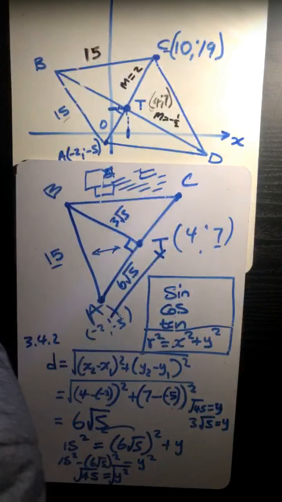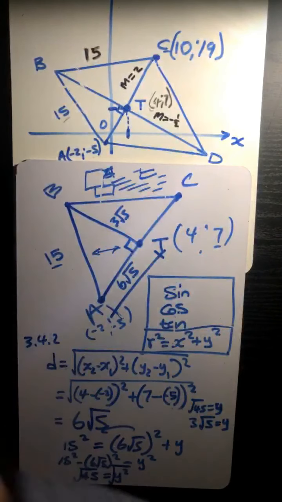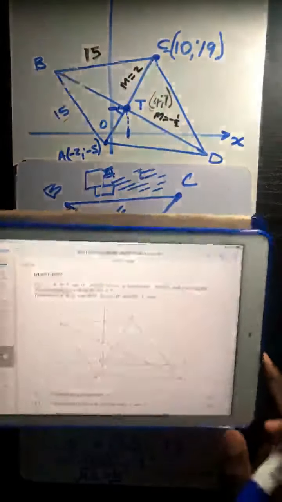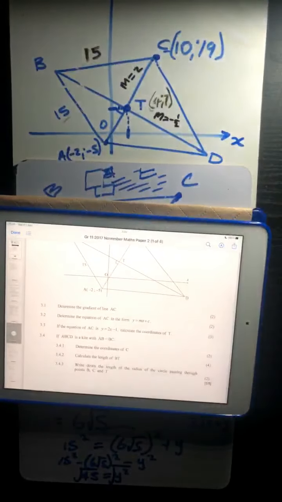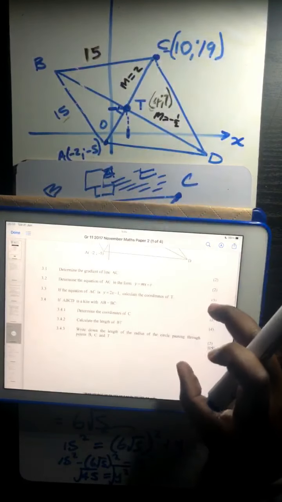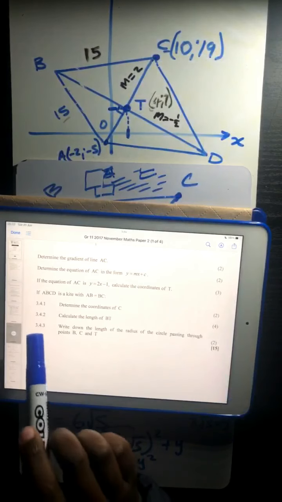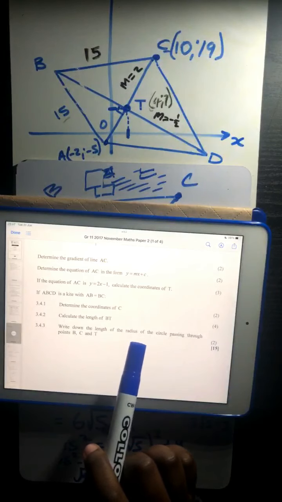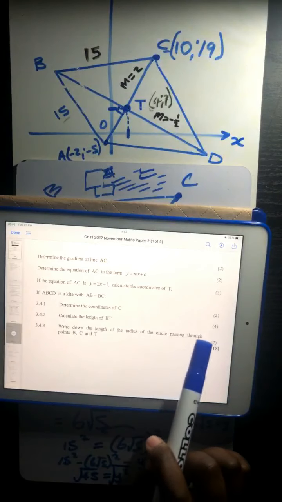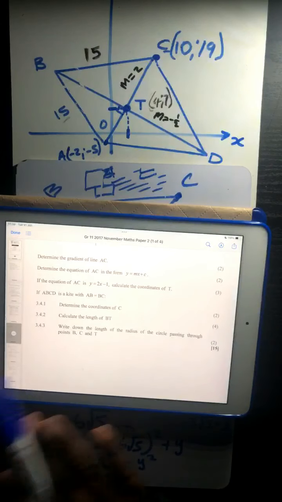So, ladies and gentlemen, we are now on our last question, which I'll leave to you as your homework. Remember, this is posted in the group. You can try and work out the last question, which says write down the length of the radius of the circle passing through points B, C, and T. Grade 11s, don't worry about this.